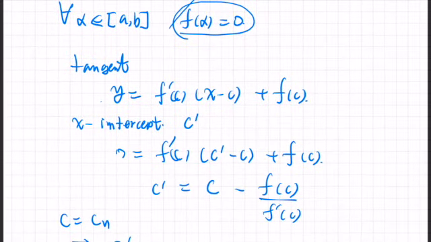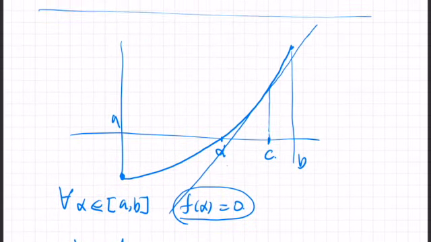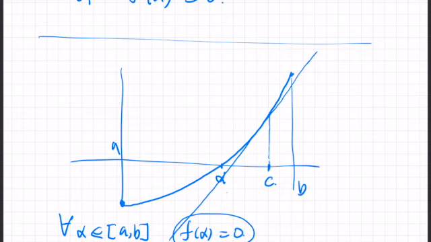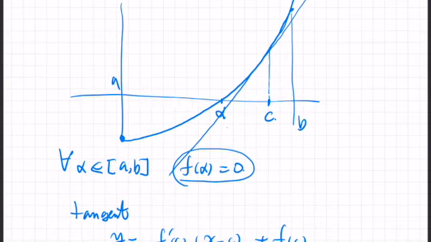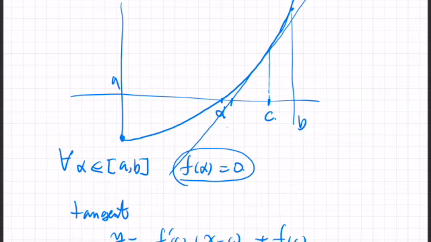Okay, now this function f of x is convex. So that means this tangent line is always below this curve. That means this x-intercept is always greater than alpha. Even if we happen to choose c below alpha, then if we draw the tangent line at that point, the x-intercept will always be greater than alpha.